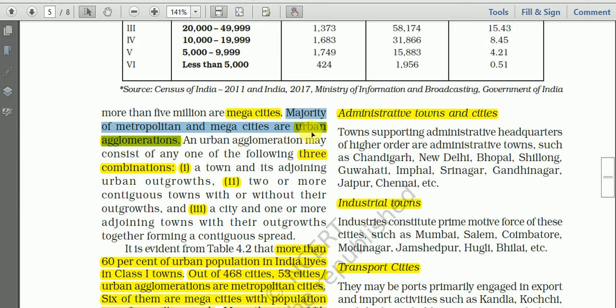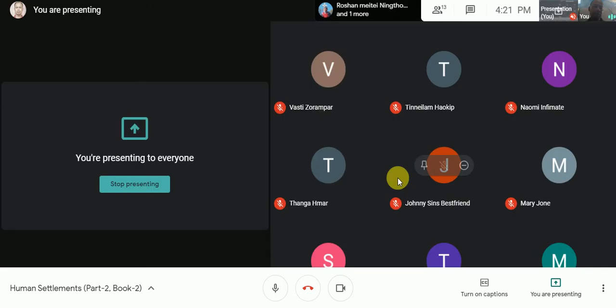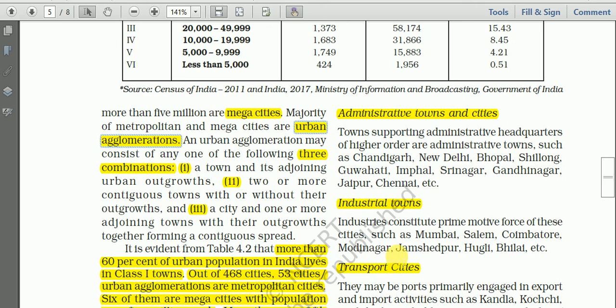Then what do you mean by this term urban agglomeration? See, an urban agglomeration is a continuous urban spread constituting a town and its adjoining outgrowths, or two or more physically contiguous towns together with or without outgrowths of such towns.